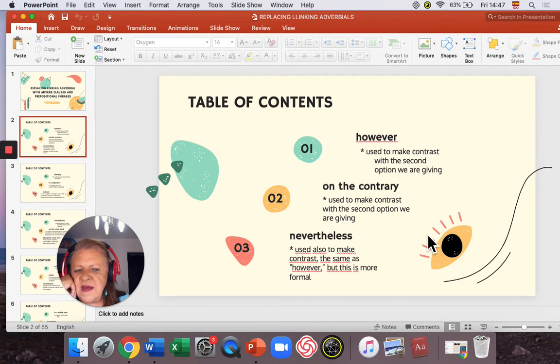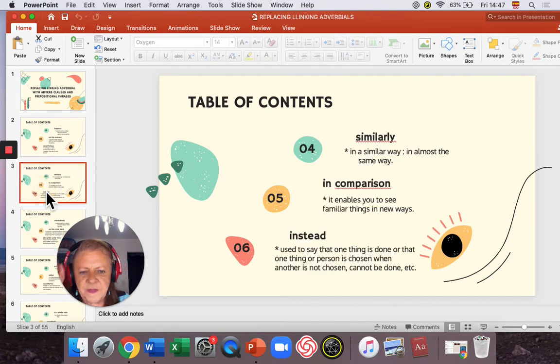Then we have nevertheless. It is used also to make contrast, the same as however, but nevertheless is more formal. The same meaning, more formal. Then we have similarly.